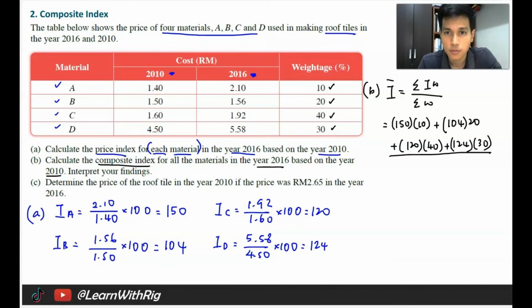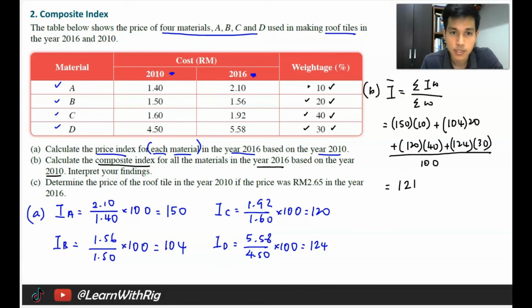So here is 10, 30, 70, 100. So total is 100, because percentage maximum is 100. So you type this into your calculator, you should get your answer straight away is 121.